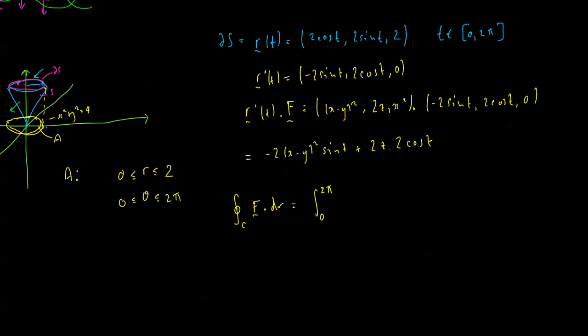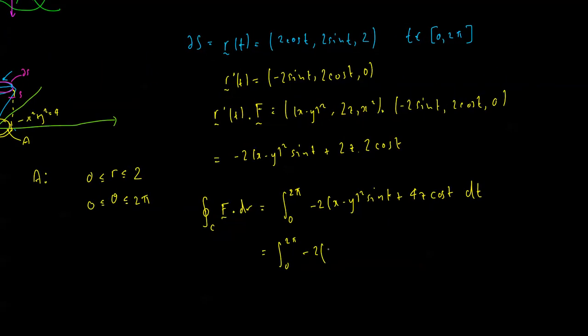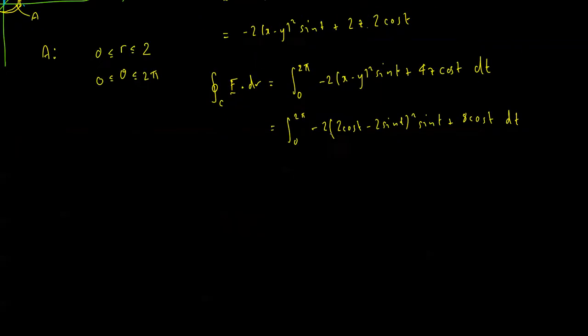F dotted with dr is this: negative 2 (x minus y) all squared sin t plus 4z cos t dt. So it's the integral from 0 to 2 pi, and I have to sub in what x, y and z are. So it's 2 cos t minus 2 sin t all squared, times negative 2 sin t, plus 4z, which is 2, so it's 8 cos t, dt between 0 and 2 pi.